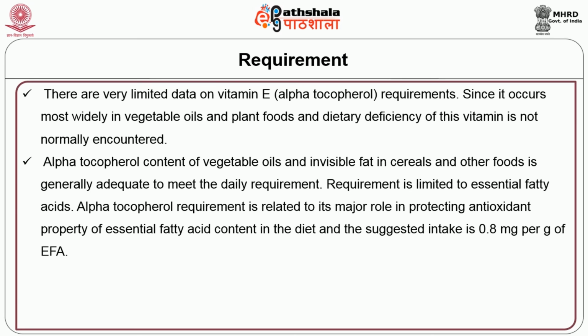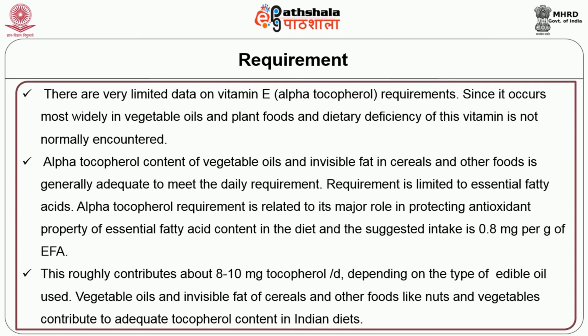Alpha tocopherol requirement is related to its major role in protecting the antioxidant property of essential fatty acid content in the diet, and the suggested intake is 0.8 mg per gram of essential fatty acid. This roughly contributes about 8 to 10 mg tocopherol per day depending on the type of edible oil used. Vegetable oils and invisible fat of cereals and other foods like nuts and vegetables contribute to adequate tocopherol content in Indian diets.